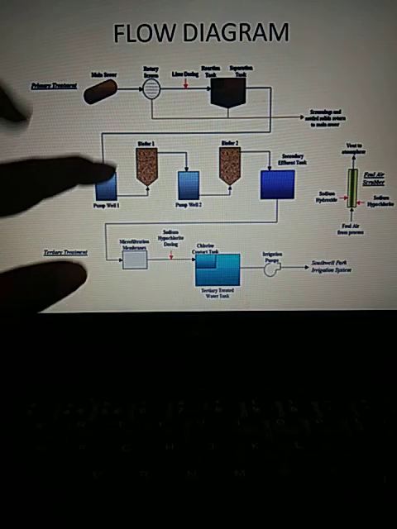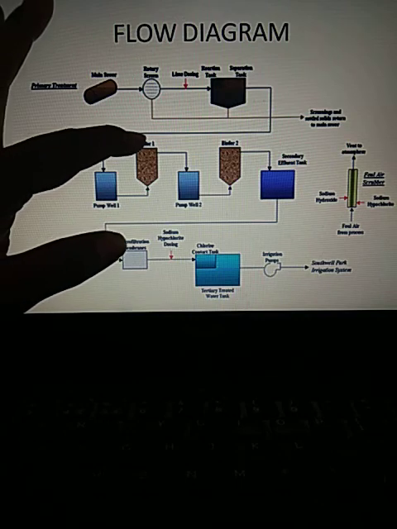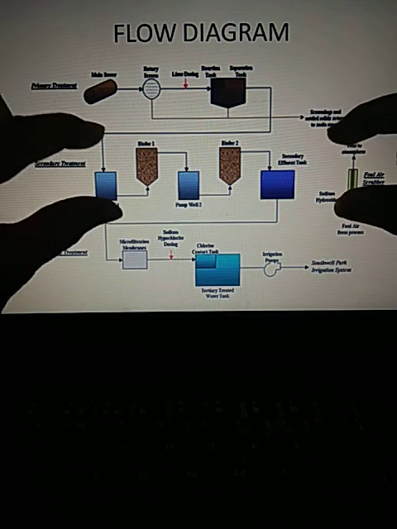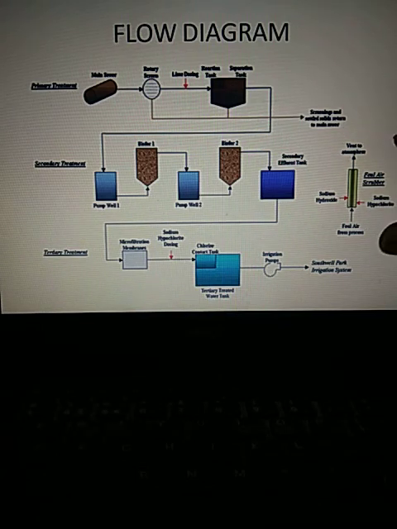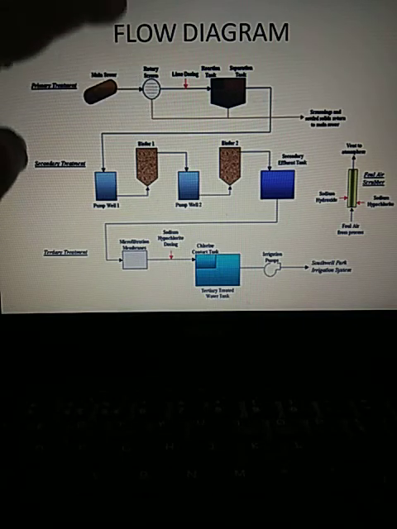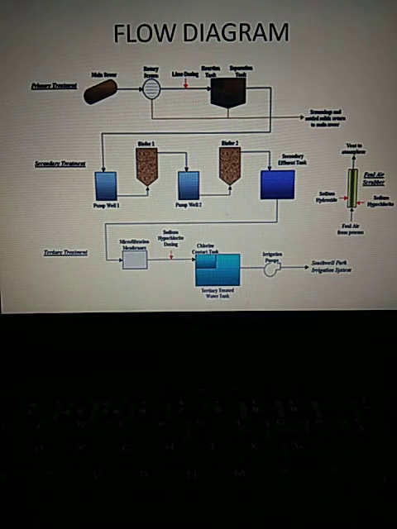Here there is pump well 1, boiler 1 and pump well 2. This way the information is provided in terms of pictures and colors. The movement is indicated from left to right or from top to bottom. The flow is meaningful as far as the picture is concerned, if you observe carefully.